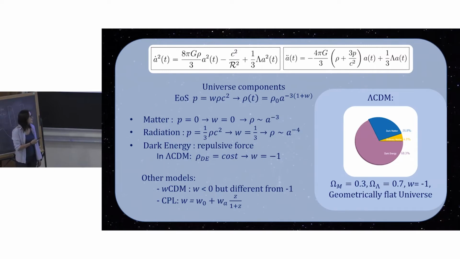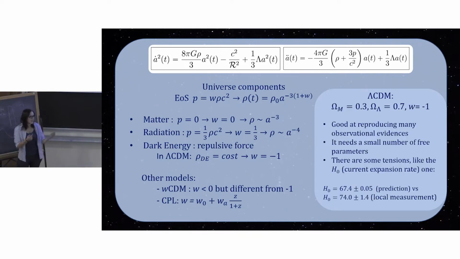And also, that this universe must be geometrically flat. So this is the standard scenario in which we're moving. And it's the standard model because it explains a lot of the observations that we have in cosmology, and it needs quite a small number of free parameters to explain everything. So that's why many people very much like it.